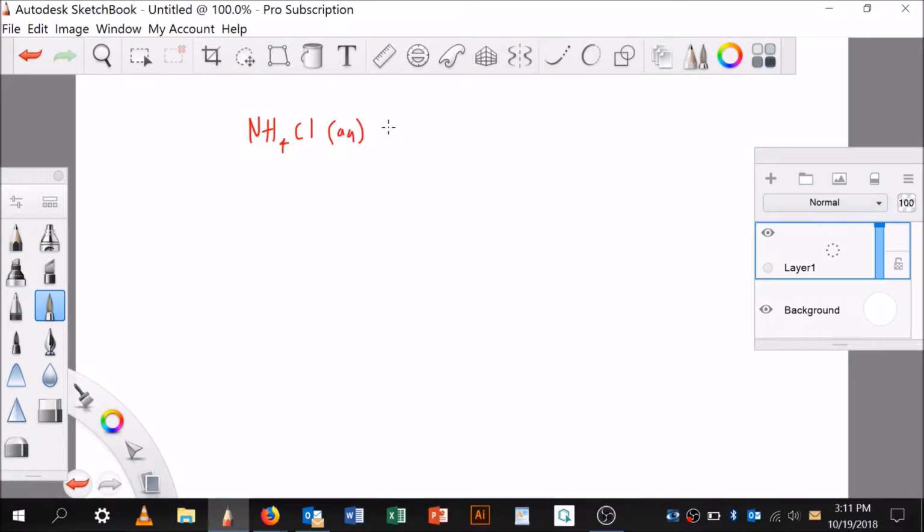If it's acid-base, it's going to be aqueous. This is really the same thing as ammonium and chloride, right? Now, the chloride itself is the conjugate base of HCl, right?